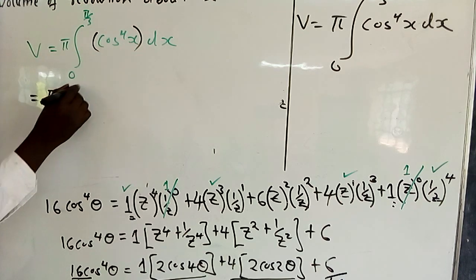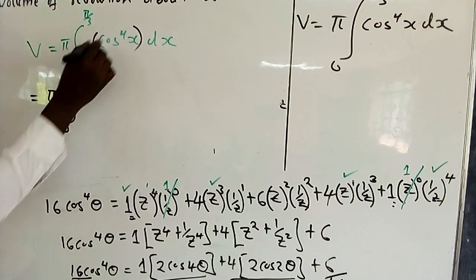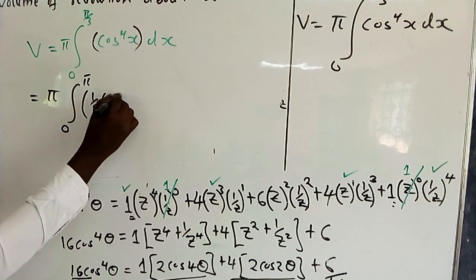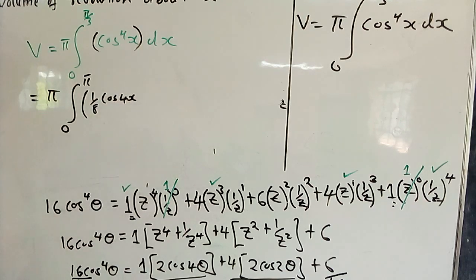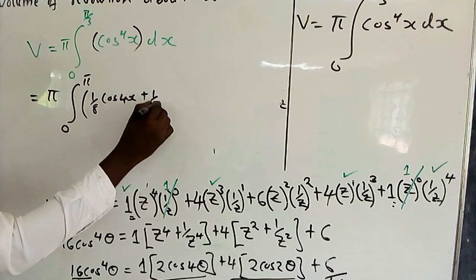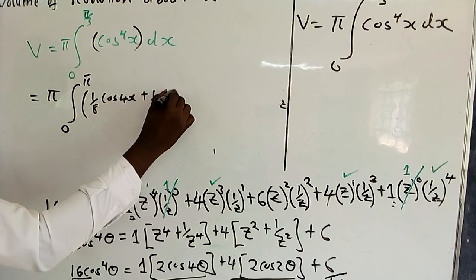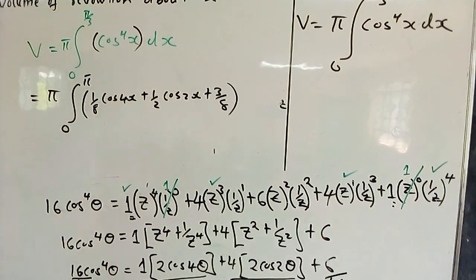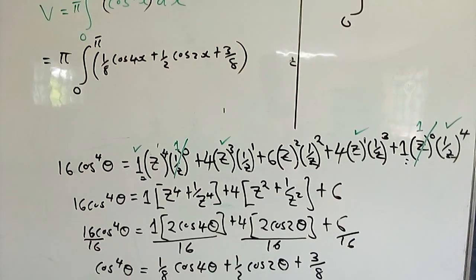What have we found? We found the value of cos raised to power 4x to be 1 over 8 cos 4x plus 1 over 2 cos 2x plus 3 over 8. That is what we found down here.